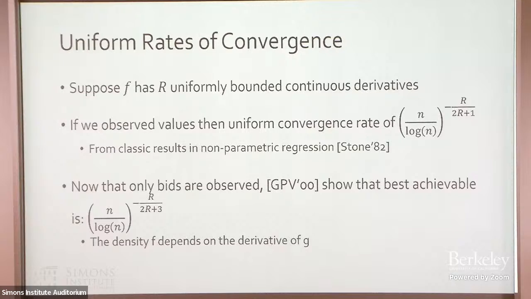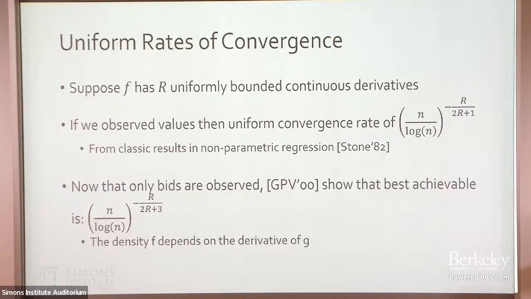And then there's also the question about the rates you get, and the paper provides some non-parametric rates subject to regularity conditions. If the density of the values has uniformly bounded continuous derivatives, then you can get rates for the density of the distribution of bids that scale slightly worse than the rates you would get if you were observing samples from the values directly.